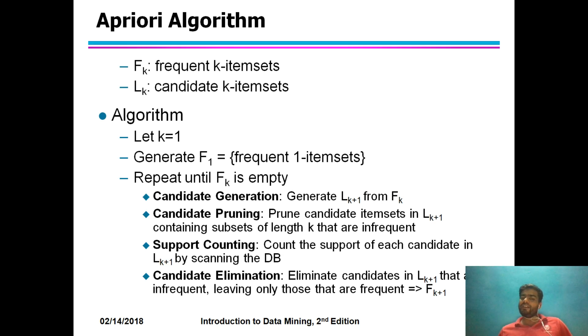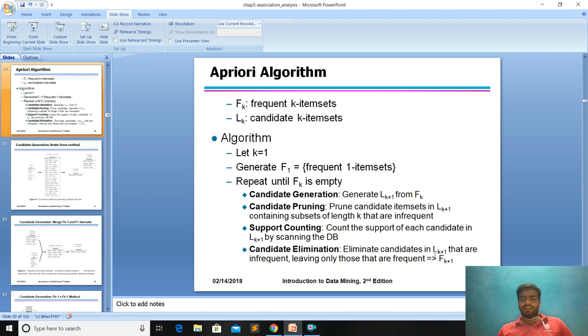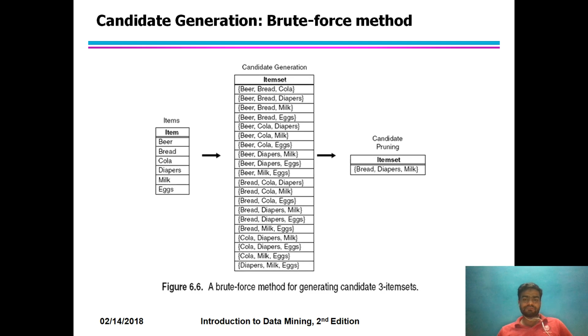Candidate pruning: remove the candidates which are not satisfying the minimum support count, counting the support of each candidate by scanning the database. Candidate elimination: if any candidate does not satisfy the minimum support, it will be eliminated from the frequent item set list.